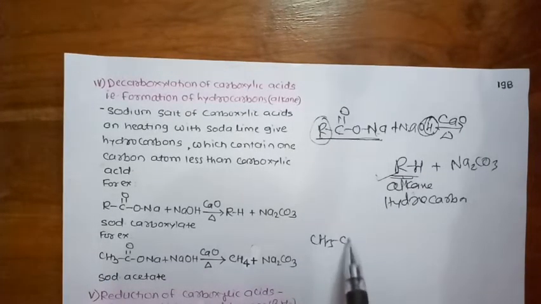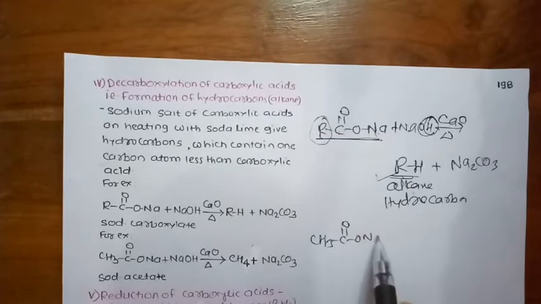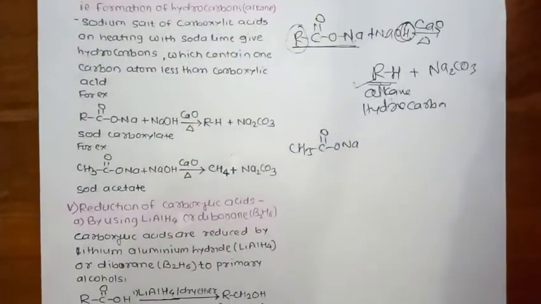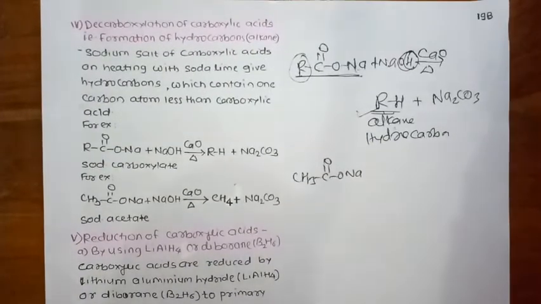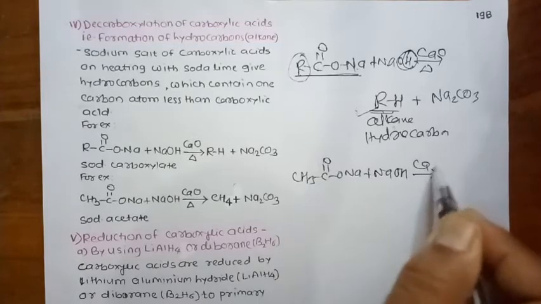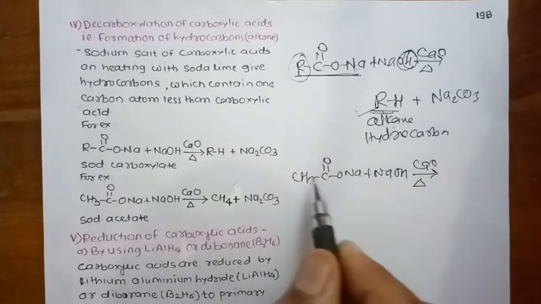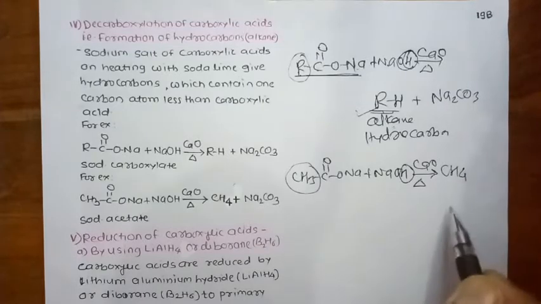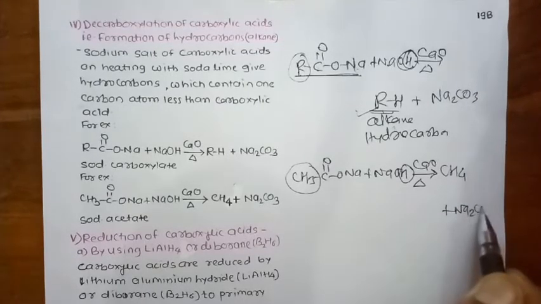For example, when sodium acetate is heated with soda lime, which is a mixture of NaOH and CaO, with heat it gives CH3 combining with H, forming CH4 plus Na2CO3.